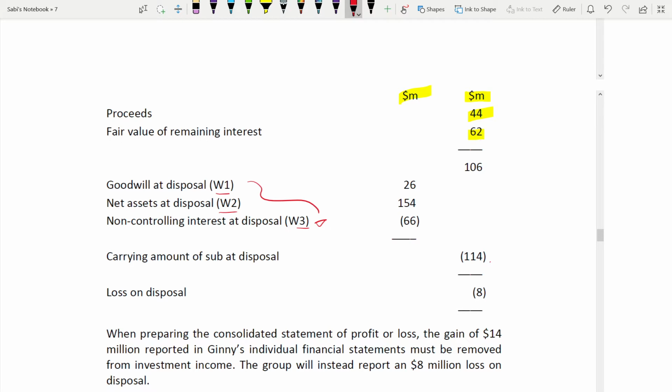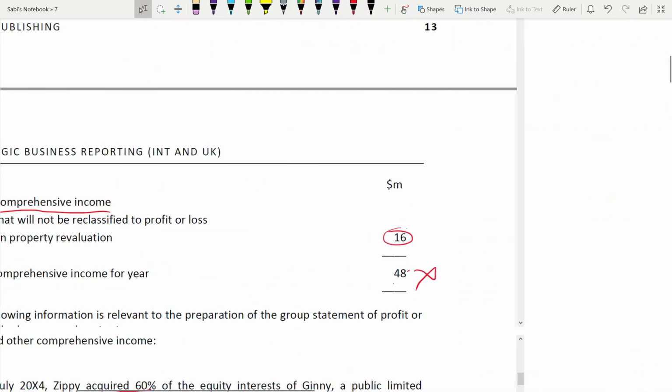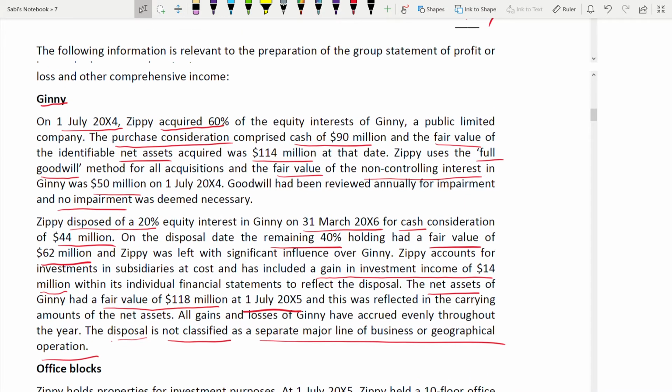Okay, because this minus this. So we'll see what is the carrying amount of disposal. 114. We have to see this thing. Okay, so the net assets acquired was 114. Just wait a minute. What was it?